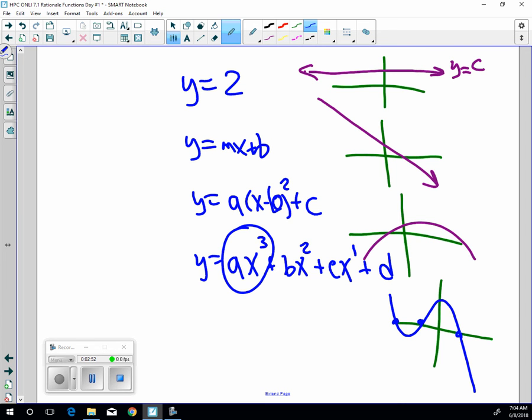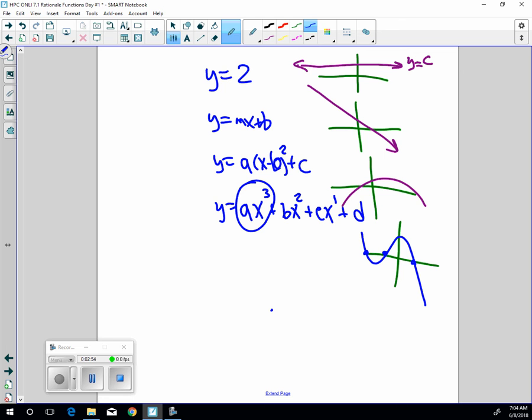So that leads us to this chapter, which is y is equal to something that might have a polynomial in the top, and then in the bottom might have some kind of an x minus a constant.